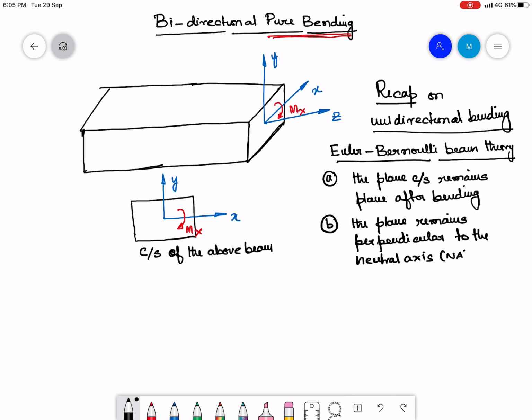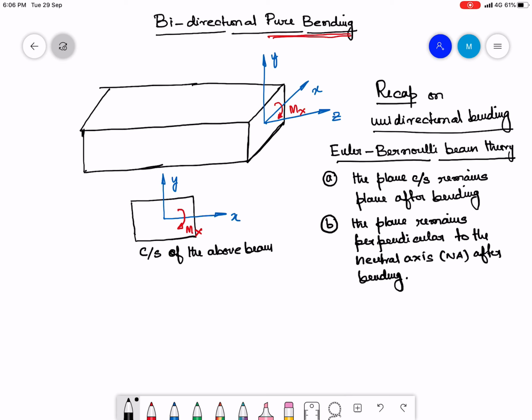Okay, so it is very important to understand these two assumptions of Euler-Bernoulli beam theory. If you have forgotten, it would be a good thing to revisit these two assumptions, because though we will be talking about bidirectional bending, the bidirectional bending will also be based on Euler-Bernoulli beam theory.